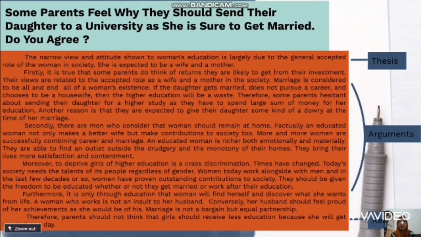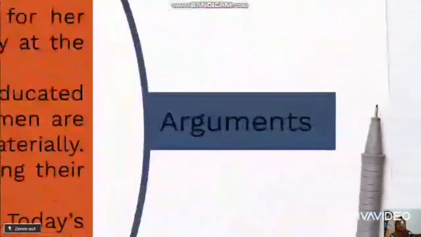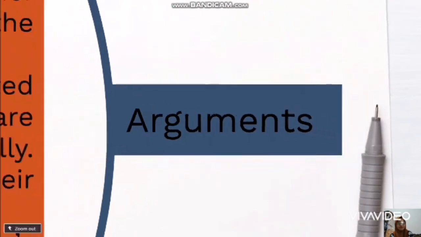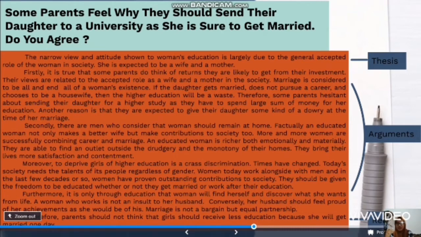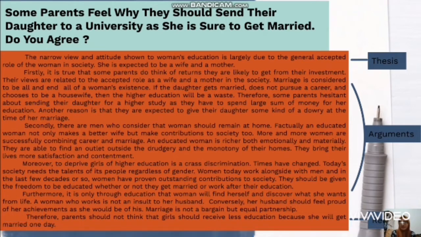This one is the title, and paragraph 1 is used as the thesis. The second to the fourth paragraphs are used as the arguments. And the "therefore" here is used as reiteration. Easy, right? Do you still feel confused?